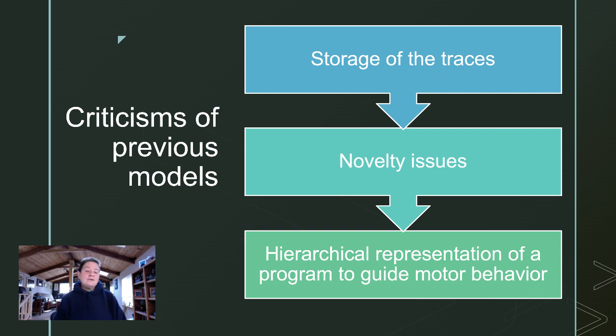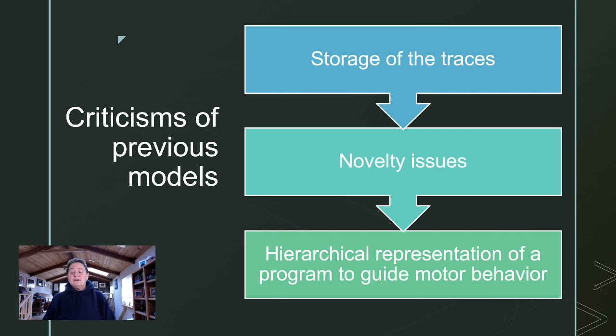Also, a criticism of previous models is altogether the hierarchical representation of a motor program to guide motor behavior. This is not Schmidt's argument with Adams, as you'll see in the next few slides.